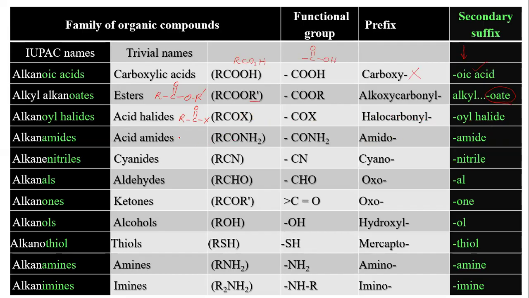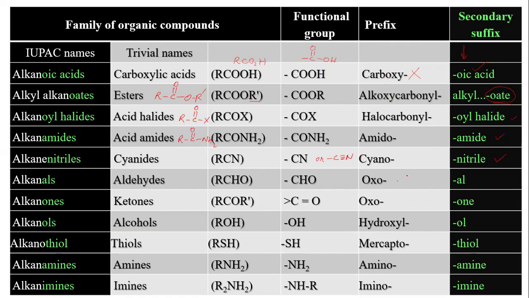And this group is called amide. In open form, it is like this. The suffix is -amide, and the prefix is amido. These are the prefixes. Nitrile, I have told you. And actually this is carbon-nitrogen triple bond.